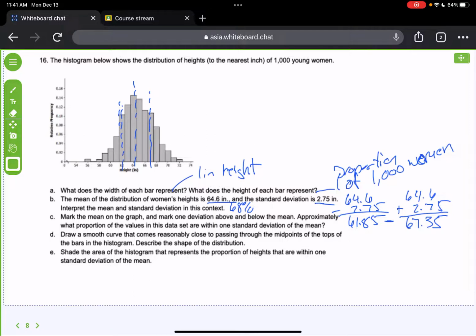Approximate what proportion of the values are within. Well, we always say that 68% is within that. If we measure that, we can just come straight across here and add these up. But we would guess that to be about 68%.